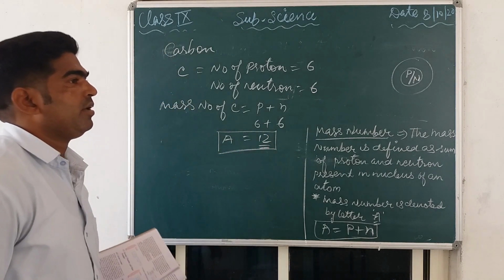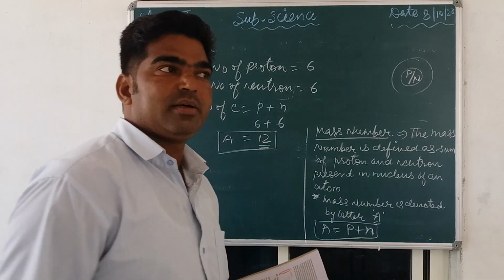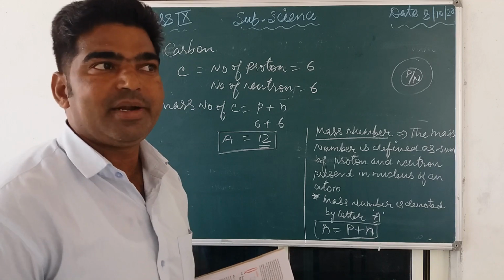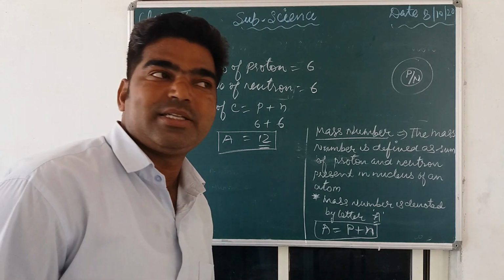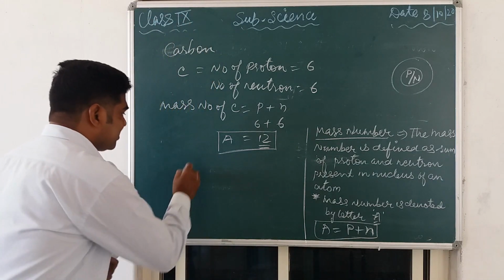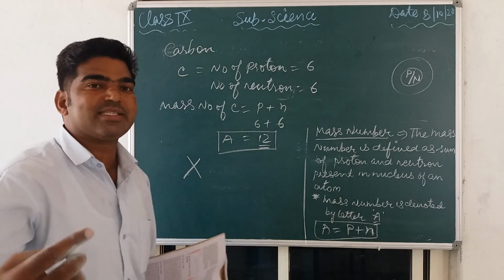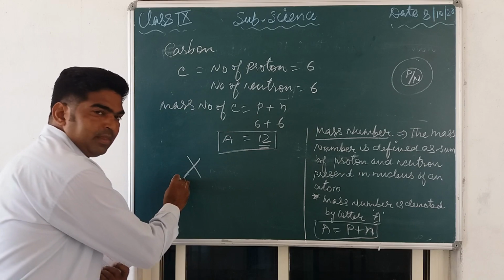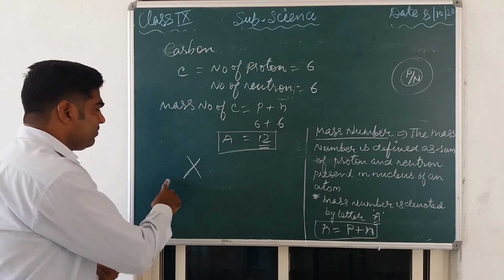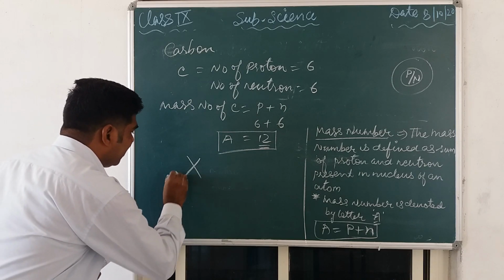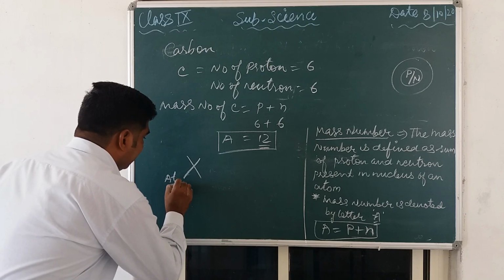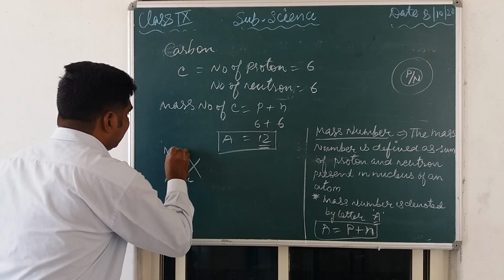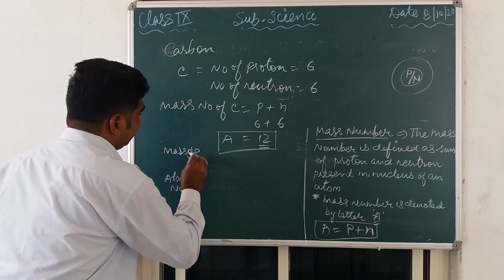Now, we can give the symbolic representation of any element by its mass number and atomic number. We can write it like this: X, suppose this X is any element. At the lower left we write the atomic number, and here we write the mass number.